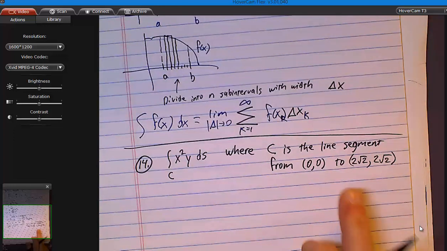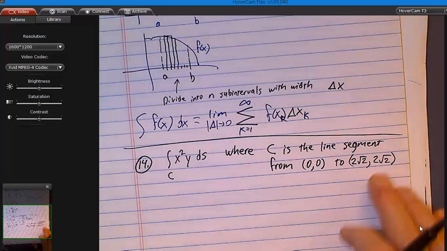So it doesn't quite say this, but close enough.